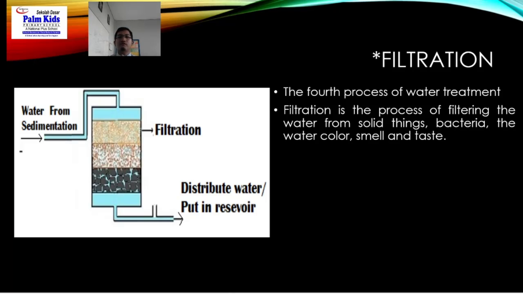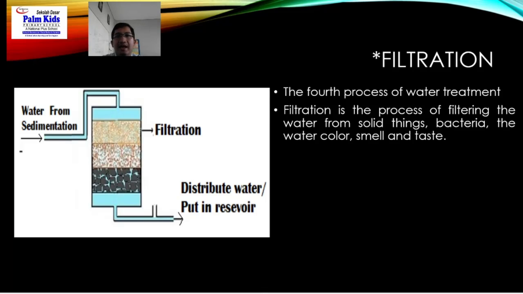Filtration is a process of filtering the water from solid things, bacteria, the water color, smell, and taste. How does it happen? Because many filters, like sand, pebbles, soil, or even other things, have different filter outputs.